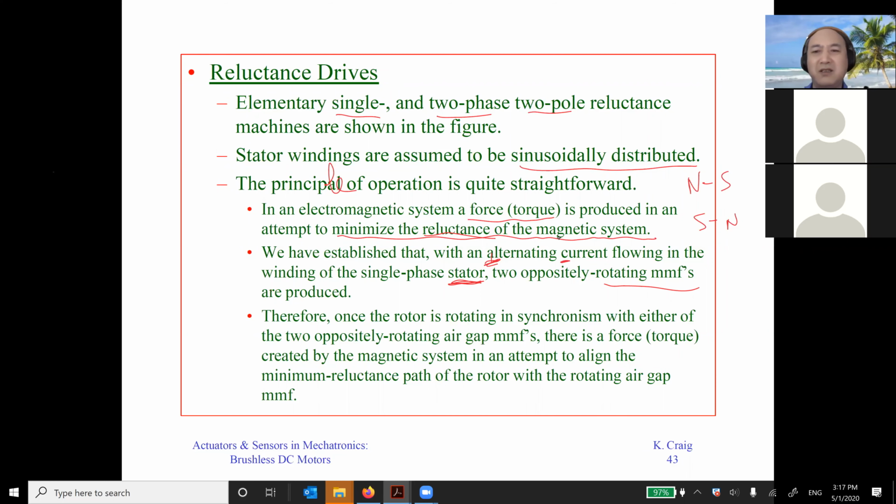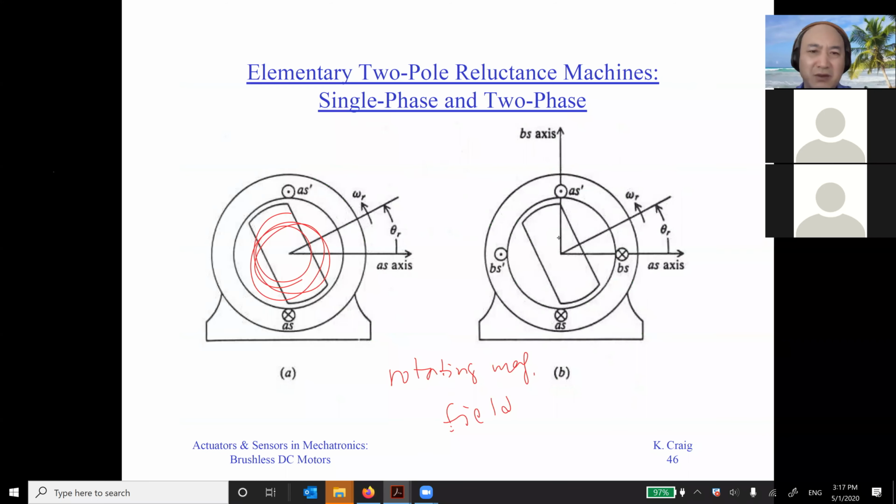One is doing this, one is doing this. Once the rotor is rotating in synchronous with either of these two oppositely rotating air gap fields, there is a force created by the magnetic system in an attempt to align them, so that the minimum reluctance is maintained.